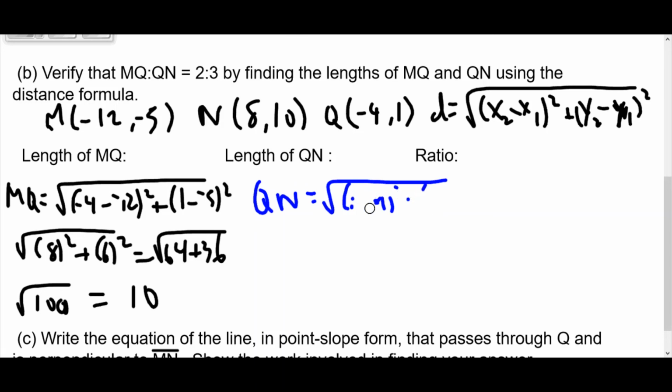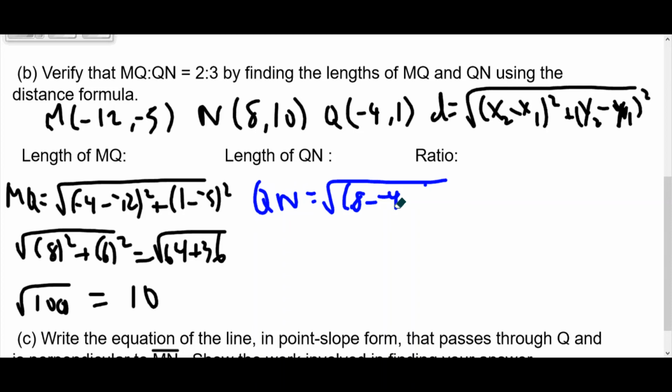So that'll come later on. It doesn't matter if we start there or not, but I like to put in order. So we're going to do, in this case, 8 minus negative 4, because I'm picking N as my x2 and y2, and Q as my x1, y1, because we're going from Q to N.